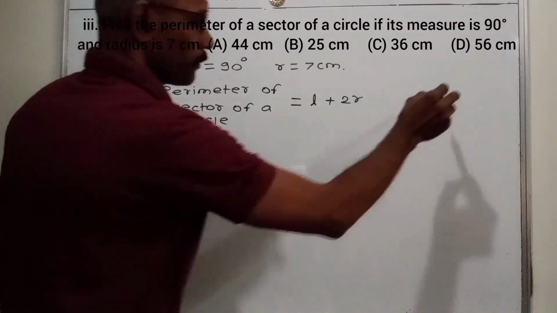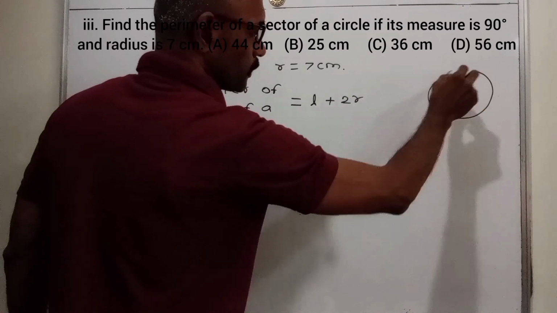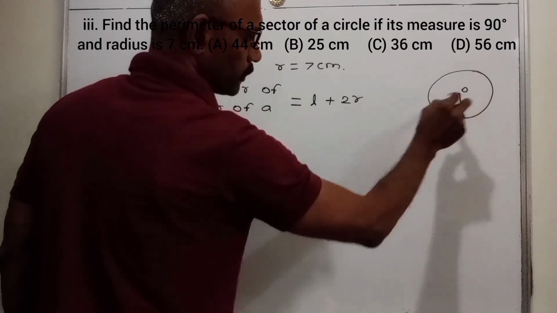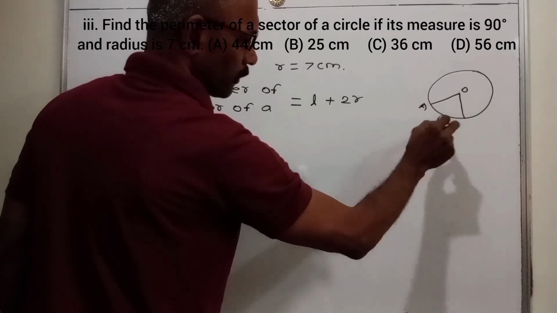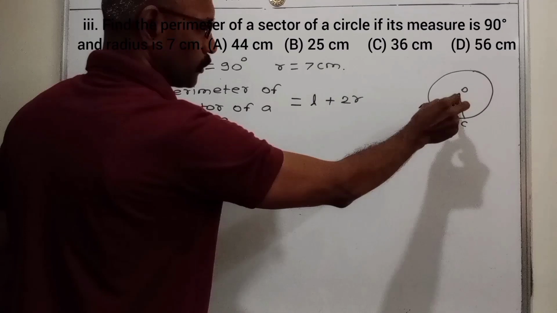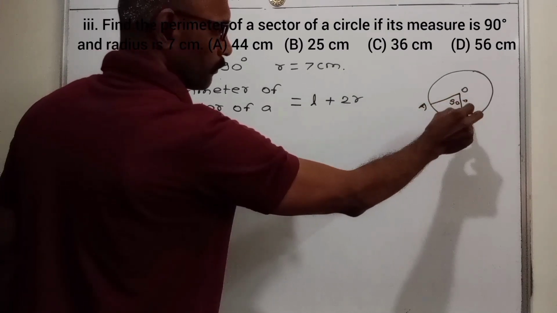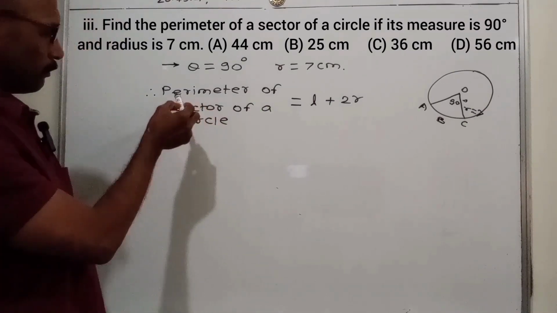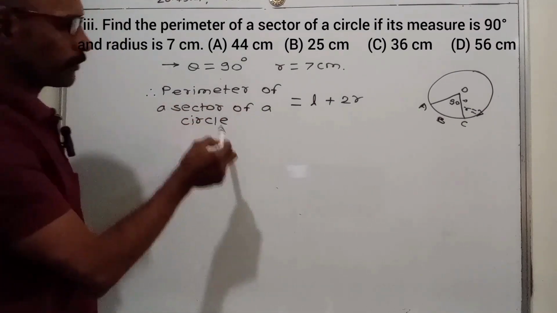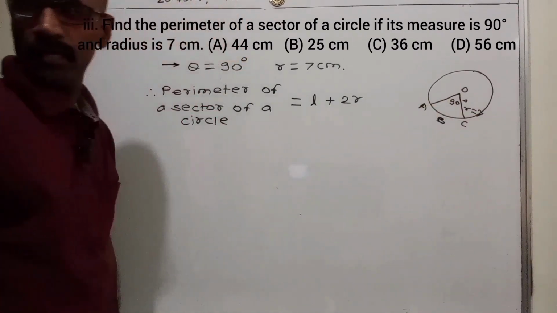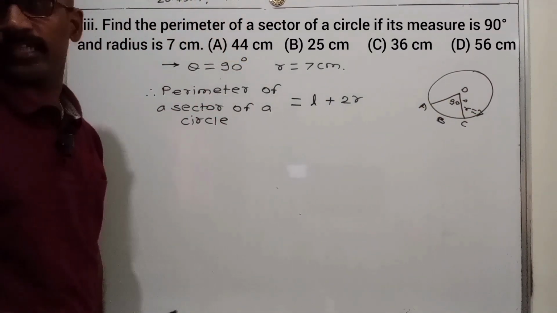Suppose this is circle and this is sector. We know measure of this. We know radius. Then find the perimeter of a sector of a circle. See this. This is O, ABC is our sector.